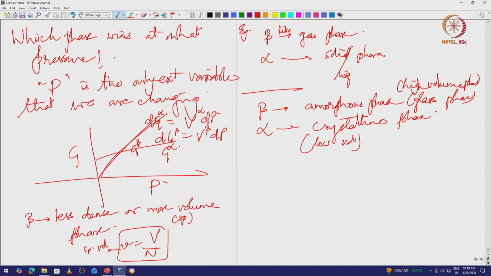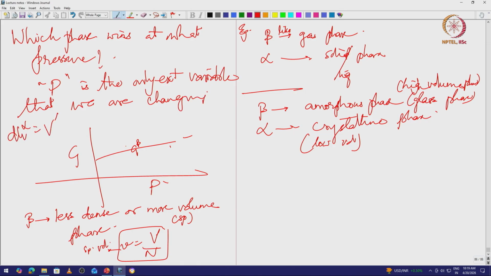So, let me make it a bit more convenient that we are changing, and here let me write dG alpha equal to V alpha dP, dG beta equal to V beta dP, and so I am going to draw G beta with a higher slope, right.